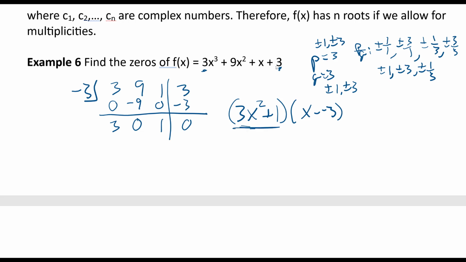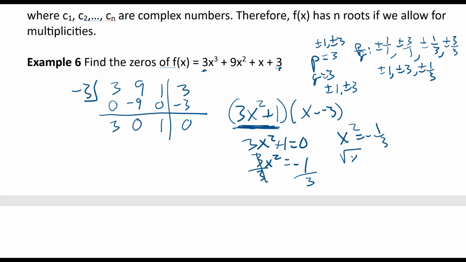But we can just take this other part here, this 3x squared plus 1, and set that equal to 0. If it had an x term, I would use the quadratic formula, but I'm just going to solve this. 3x squared equals negative 1, and you're probably seeing the problem that we're going to encounter. We're going to take that square root eventually, and we have x squared equals negative 1/3.